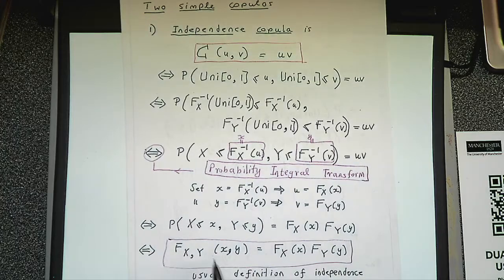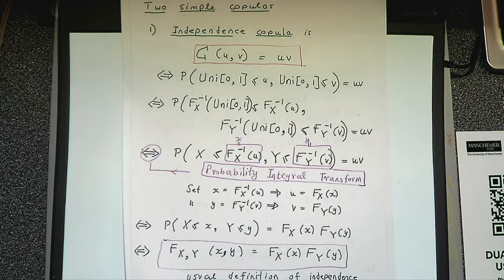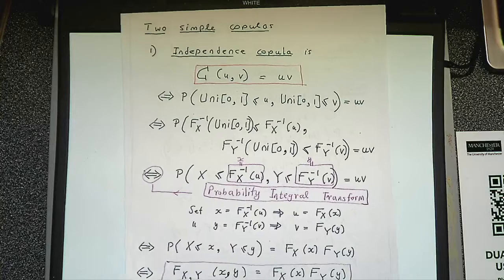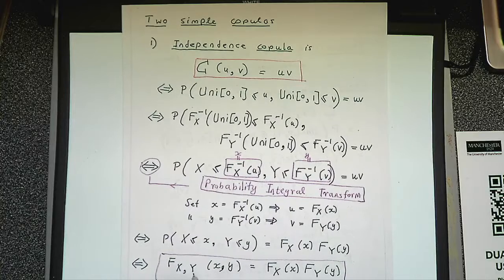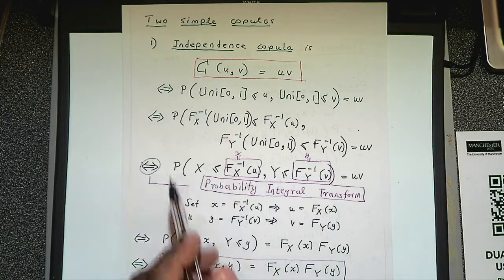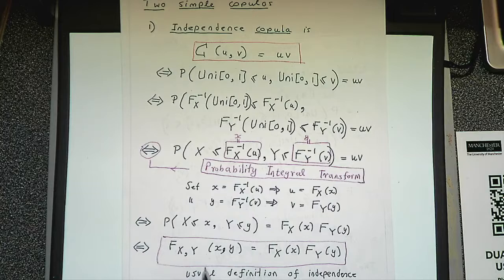Now, what you have here on the left-hand side is the joint CDF of x and y, equal to the product of the marginal CDFs. So what I have shown is that this statement here is equivalent to this statement. And this statement is the usual definition of independence of two random variables.